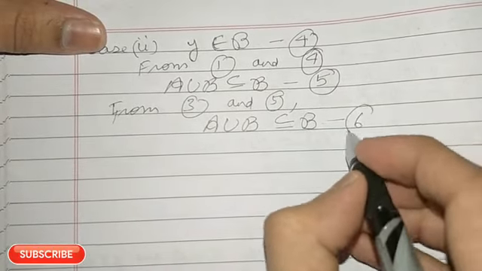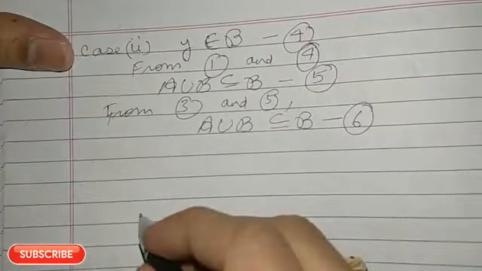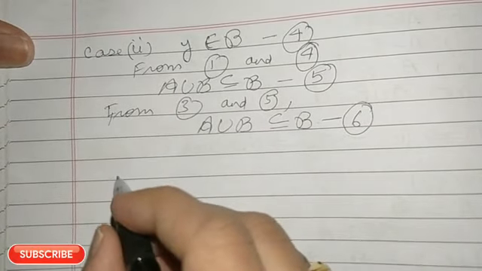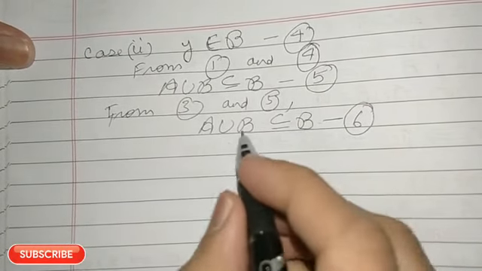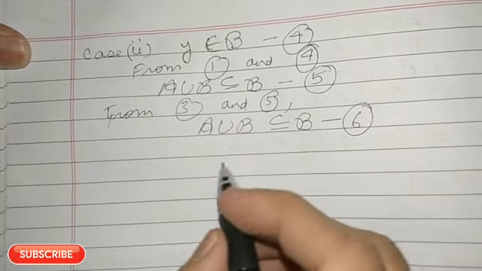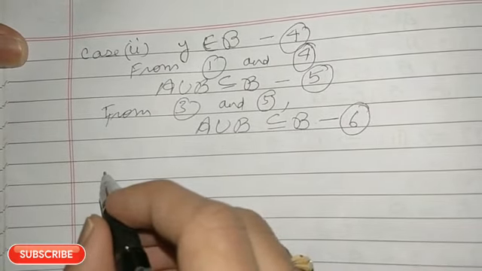We can call this as 6, okay? Now one way we proved that A union B is a subset of B. Now the second one we have to prove, right?